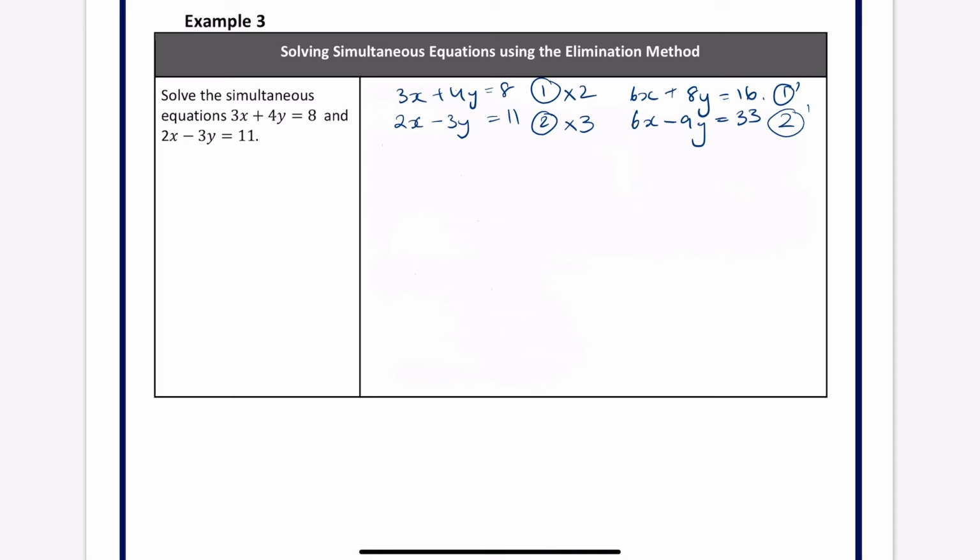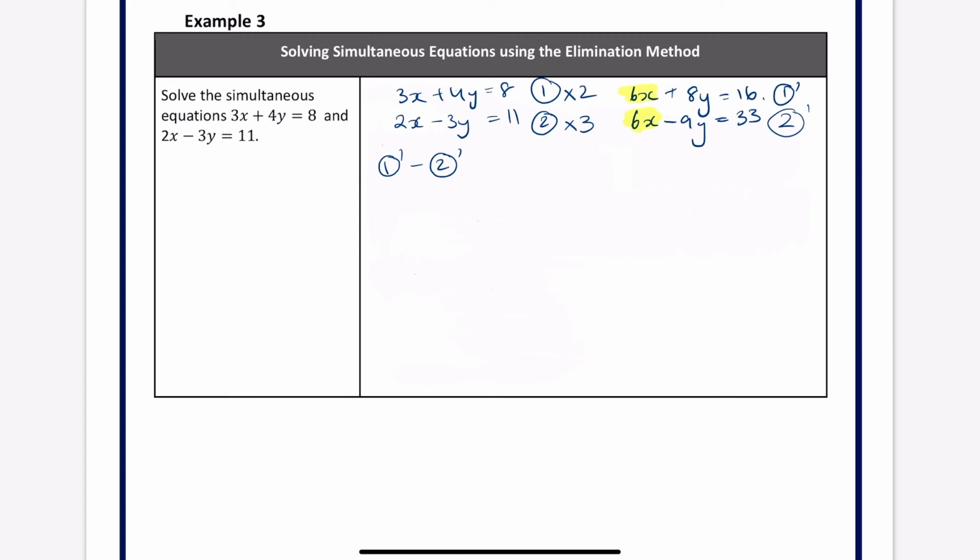Okay, so now we have the same coefficient for x, and that's good. And they have the same sign, so we're going to minus these two equations going downwards.